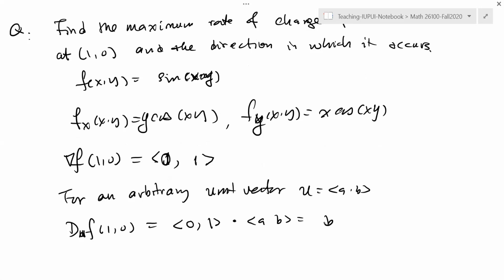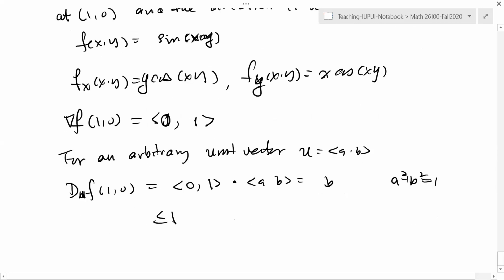I think it's clear. A unit vector means a squared plus b squared equals 1. So the maximum value for b is 1, so the directional derivative is always less than or equal to 1. When b is 1, then a must be 0 in that case.